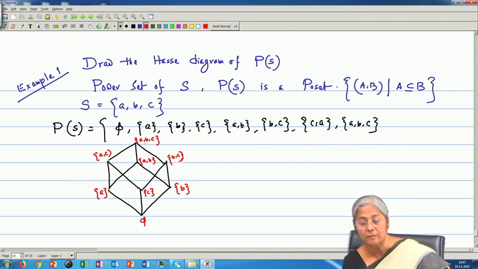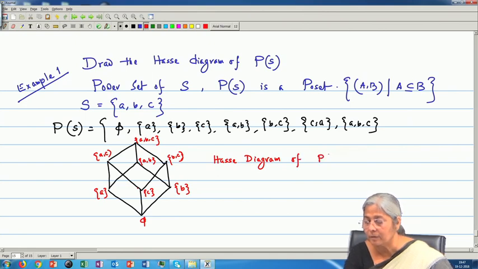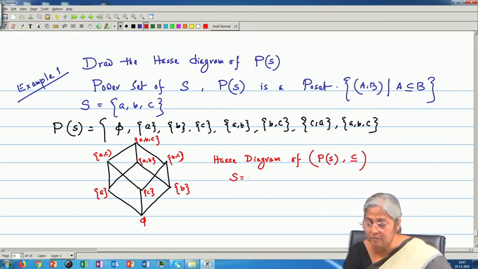So these are all my subsets, and this is simply the Hasse diagram of the poset PS, where the relation is set inclusion.